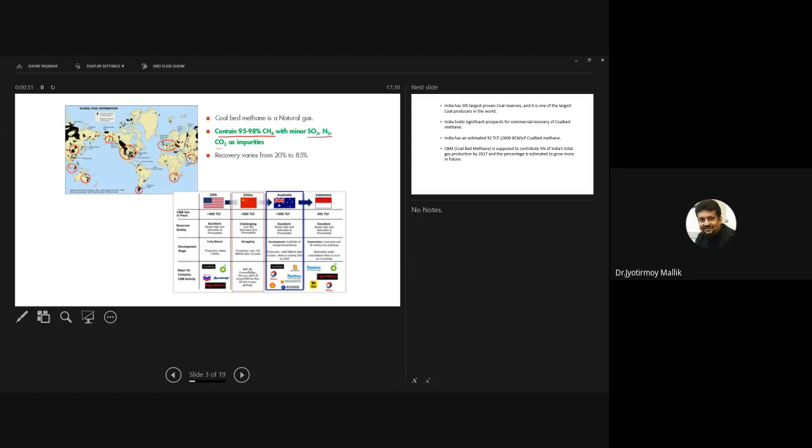It's pure methane. It burns to only carbon dioxide and water. Other toxic elements are really missing. So that is also a huge advantage in using coal bed methane.